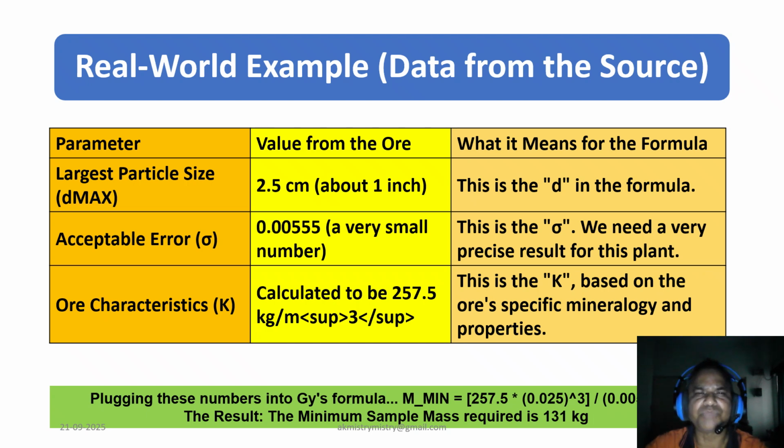For an ore with a 2.5 centimeter particle, a very small error tolerance of 0.005 and a K value of 257, the minimum sample mass required is derived as 131 kg. That's a substantial amount, showing how demanding high precision sampling can be in real world conditions.